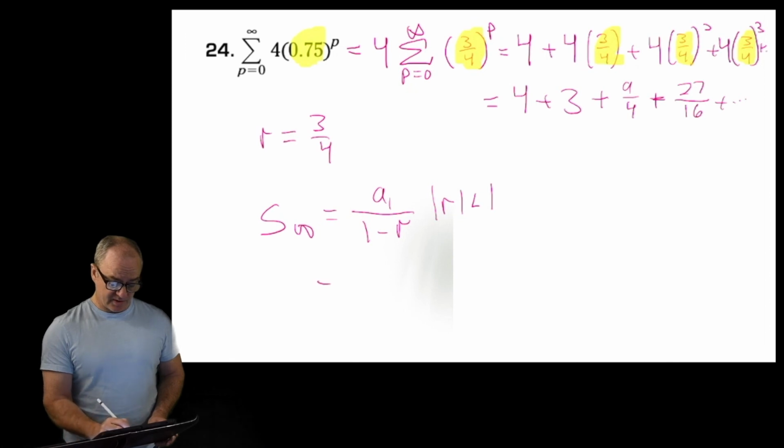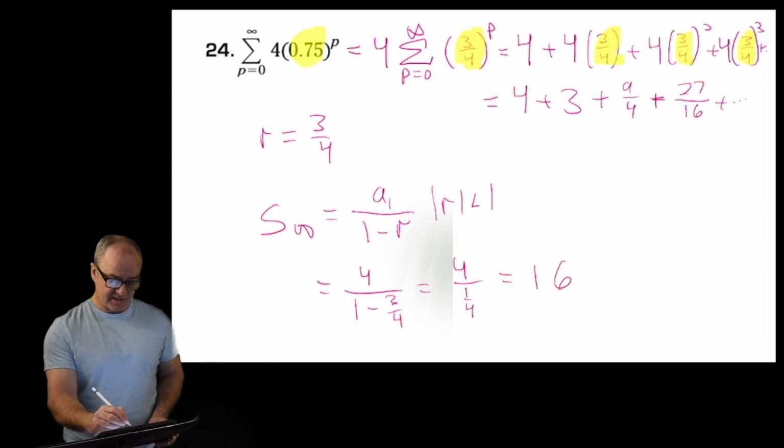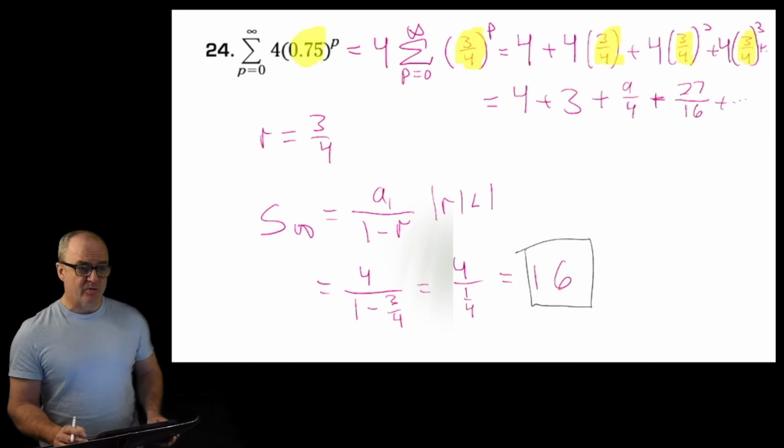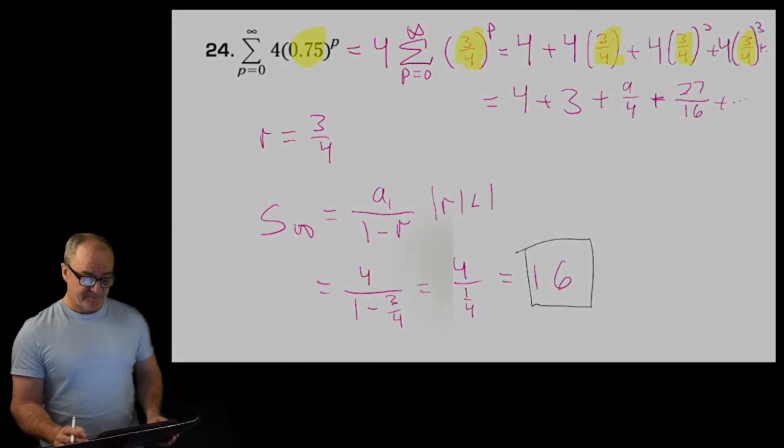So what this is going to be is 4 over 1 minus the common ratio of 3/4, or 4 divided by 1/4, or 16. Add up all of these infinite terms in a row, and when you actually get to infinity, which you really can't, but still, pretend you could, you will simply get the number 16.